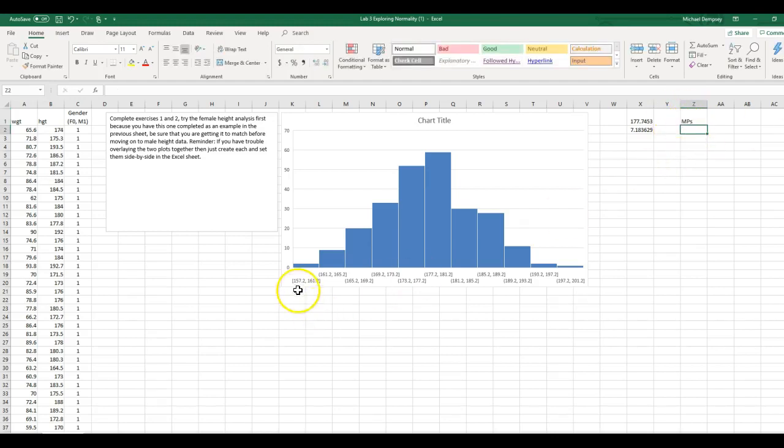So let's take a look down here. The first midpoint would live in between 157.2 and 161.2. How do I get that? Click in this cell. You can just click equals, and then I can just do the math.